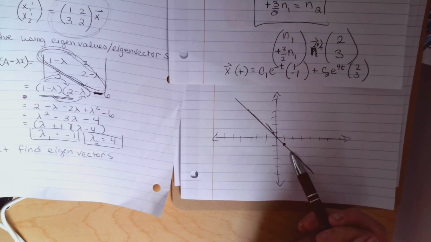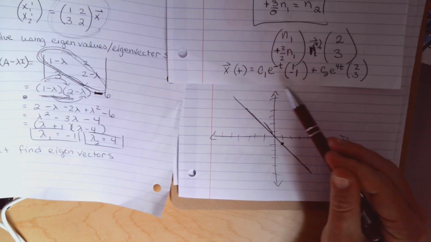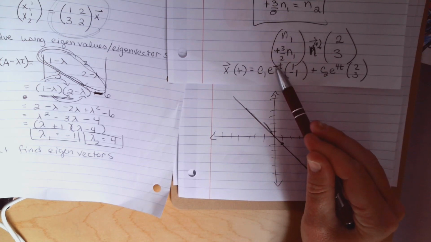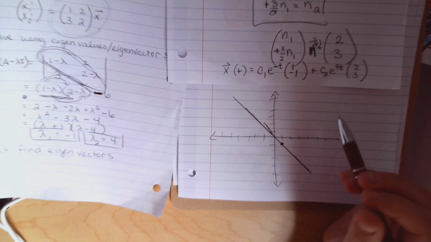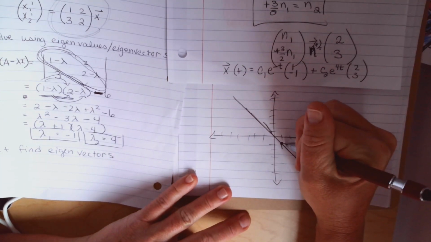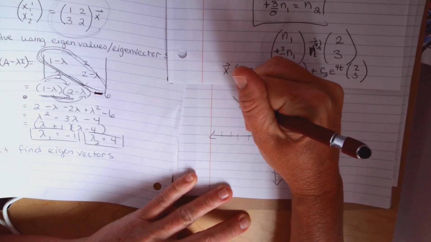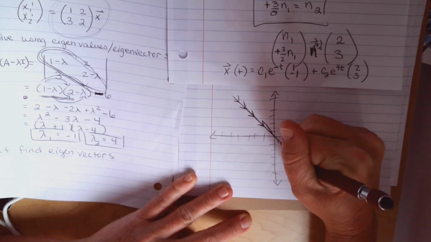Now, this corresponds to this portion right here. Do you see how this is a negative? Anything to the negative power is becoming smaller and smaller. So I know that everything along this vector is going to be pointing in towards the origin.